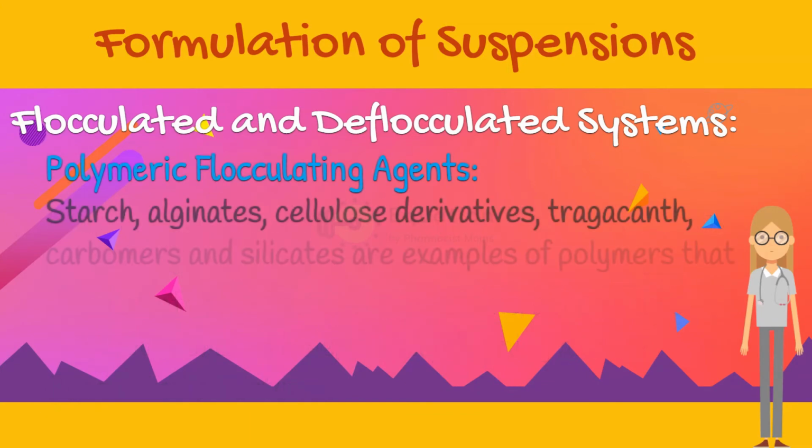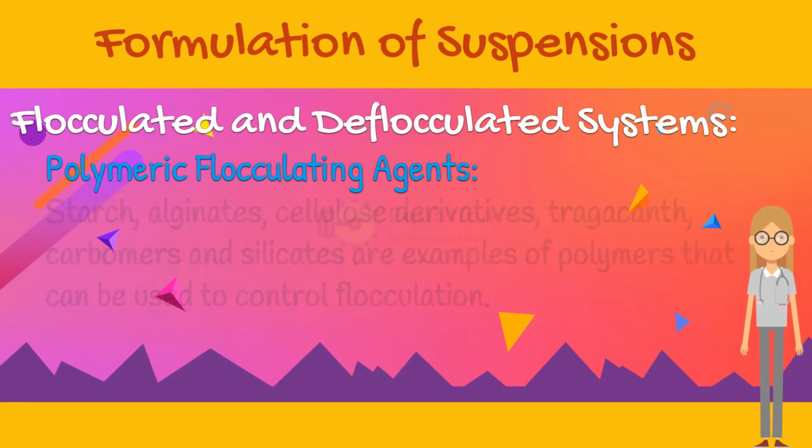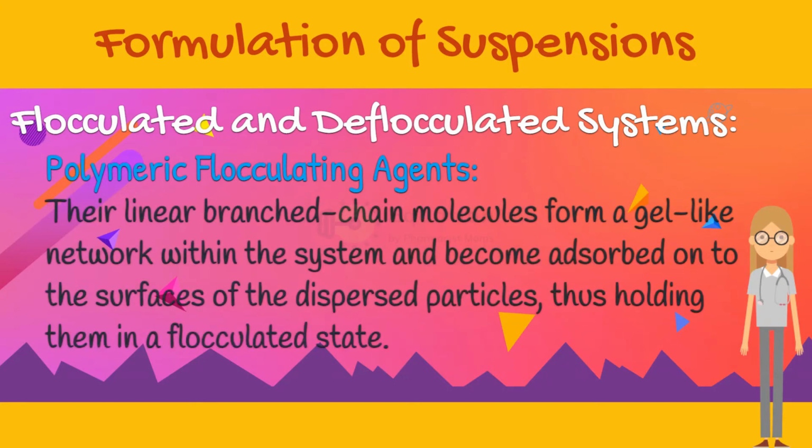Starch, alginates, cellulose derivatives, tragacanth, carbomers, and silicates are examples of polymers that can be used to control flocculation. Their linear branch chain molecules form a gel-like network within the system and become adsorbed onto the surfaces of the dispersed particles, thus holding them in a flocculated state.